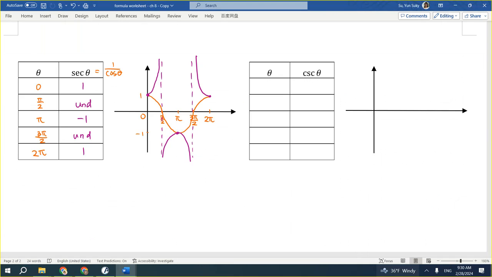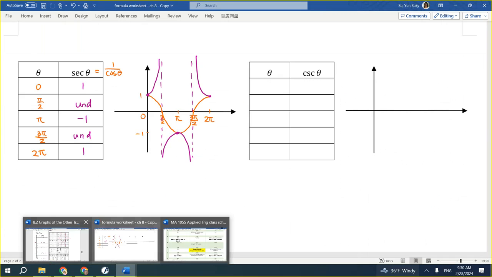So once you draw the cosine, just flip it up, down, up, down. Everybody? And look at the graph, or you can figure out the y values. So this is how we think. Everybody clear on the process?